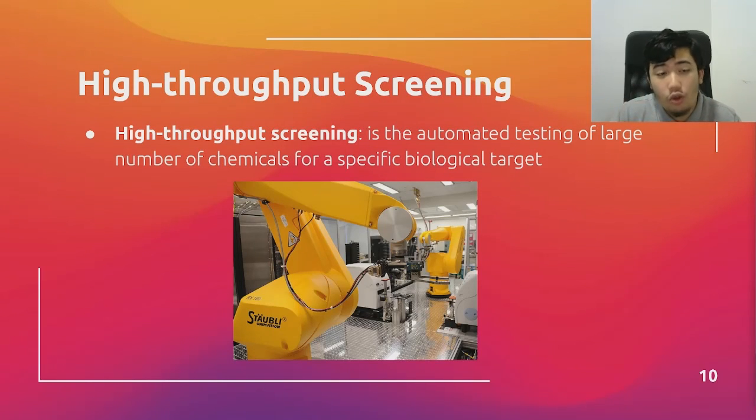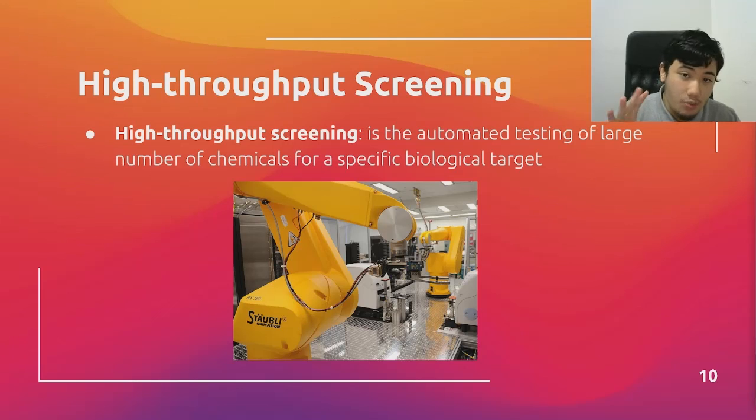HTS, or high throughput screening, is another method to identify if a plant can be used as a potential drug discovery candidate. HTS is a drug discovery process that allows automated testing of a large number of chemicals for a specific biological target. Due to the immense chemical diversity of phytochemicals, no researchers have the manpower, money, or time to test each phytochemical from each plant.